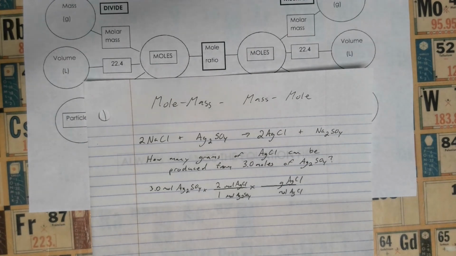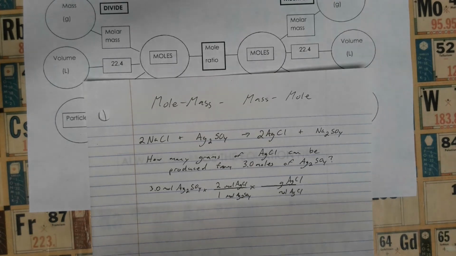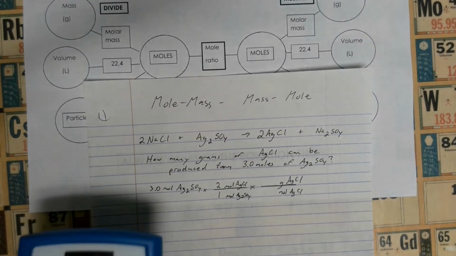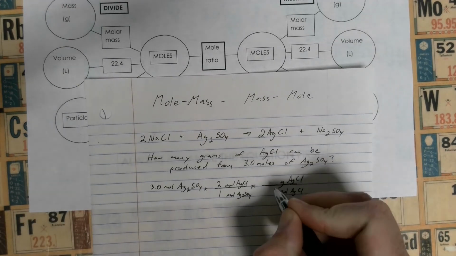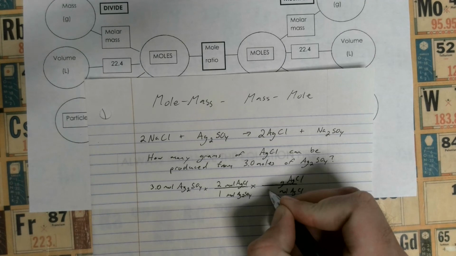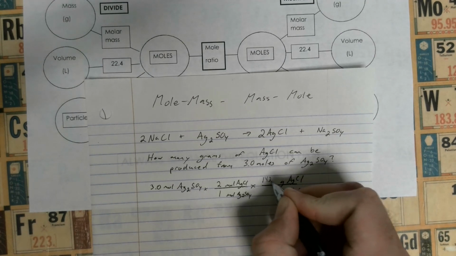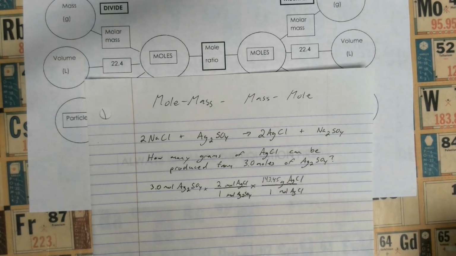So the molar mass of silver is 108 plus 35.45 for the chlorine. So I get 143.45, and 1 mole on the bottom.